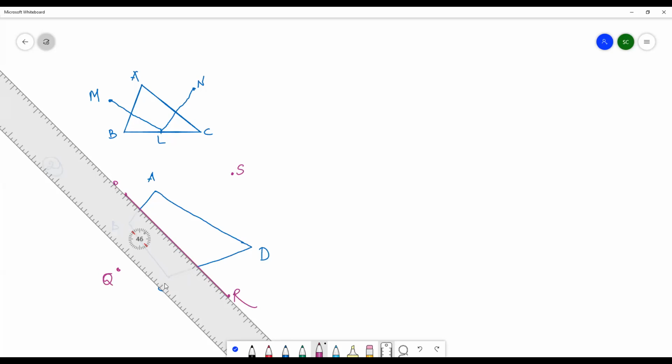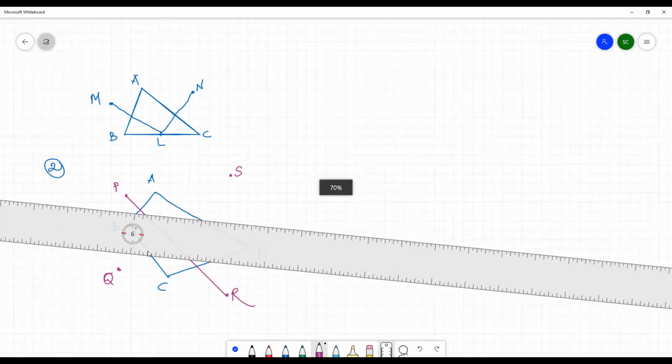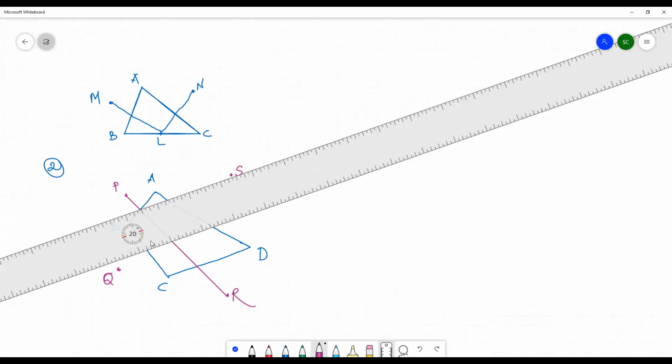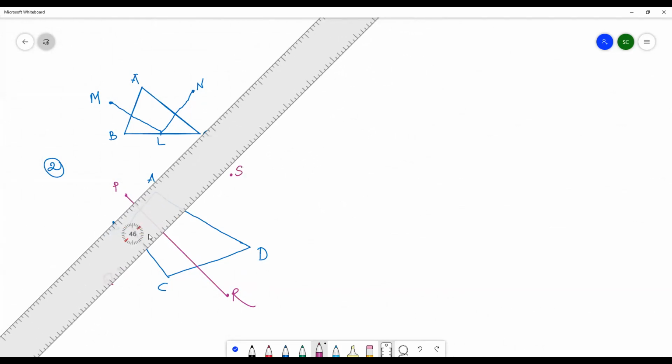Maybe we can measure. If my points are correct, then how many inches? 1, 2, 3, 4.123, whatever. 4.123 is PR. Now it is 46 degrees. PR is 46, negative 46.